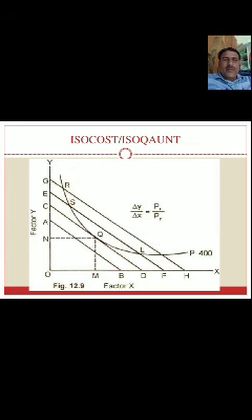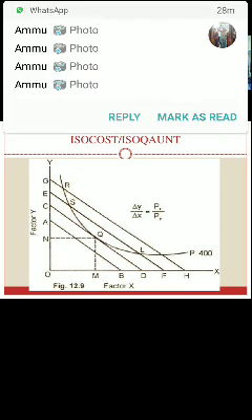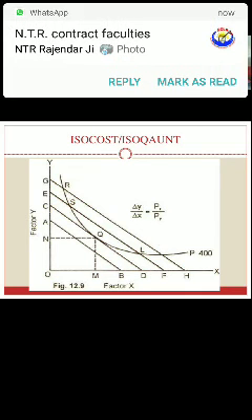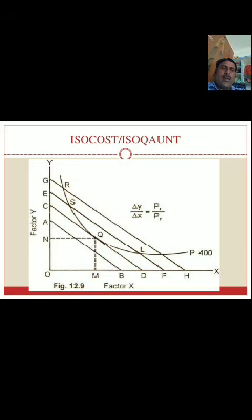At the combination Q, the isocost line CD is tangent to the isoquant IQ of 400 units. The slopes of the isocost line and isoquant line are equal at the point Q. Hence, the optimum combination to produce 400 units of the commodity is here.